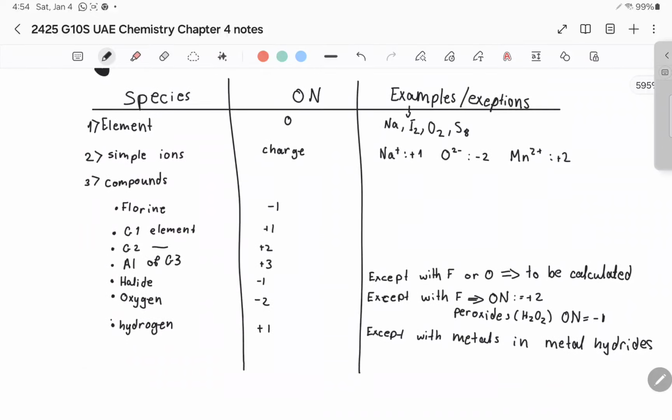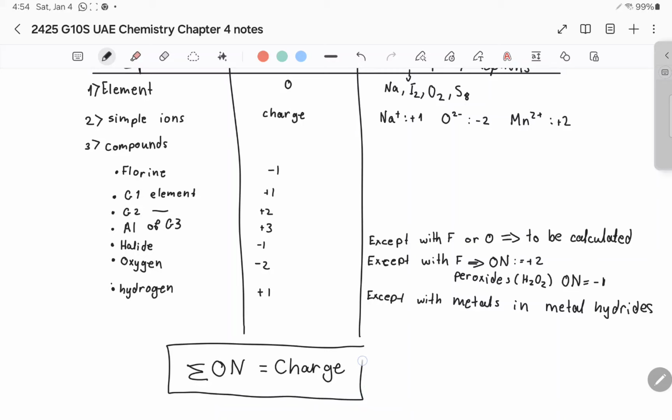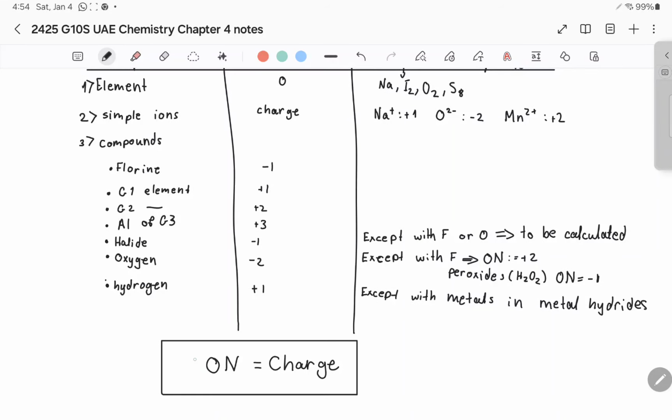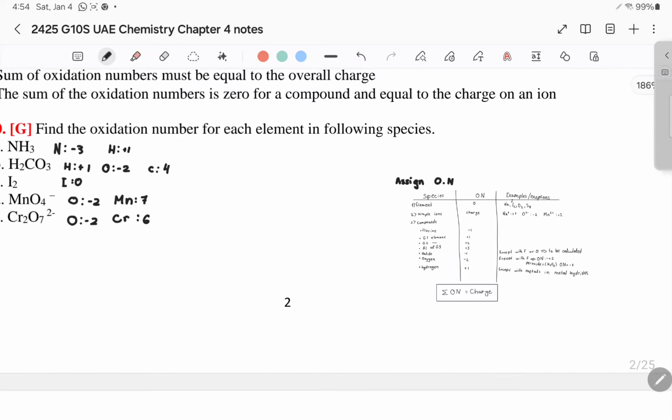So these are all the rules you have to remember for your oxidation numbers. And of course, the sum of the oxidation numbers must equal the charge. Also remember this. So that's how you assign the oxidation numbers.